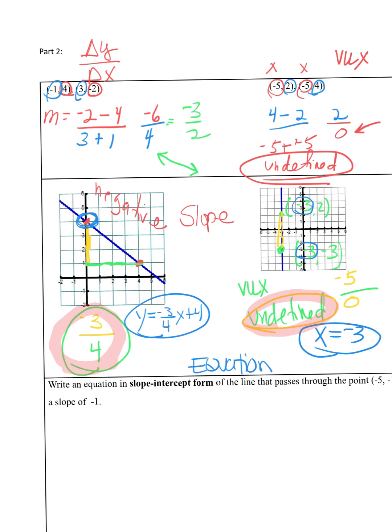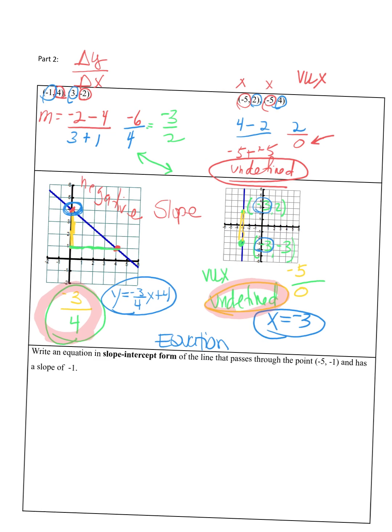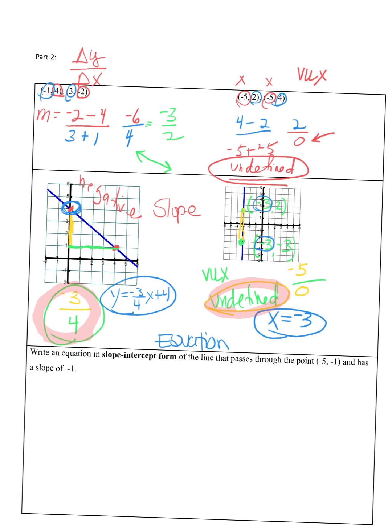In our next one, it asks us to write an equation in slope-intercept form of the line that passes through the point negative 5, 1 and has a slope of negative 1. Well, looking at this, this is going to be a point slope problem. y minus y1 equals m times x minus x1. And so if we substitute in what we know, y minus our y value equals our slope times x minus our x value.